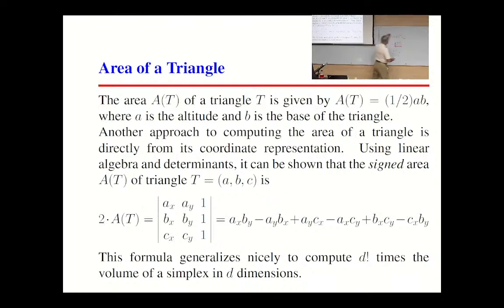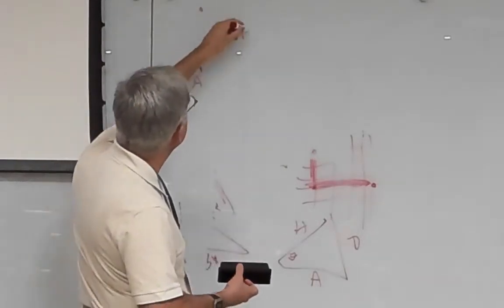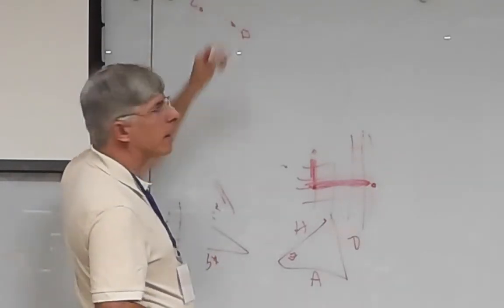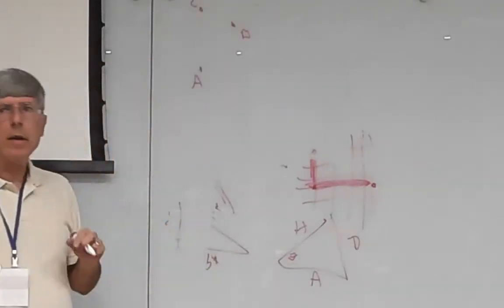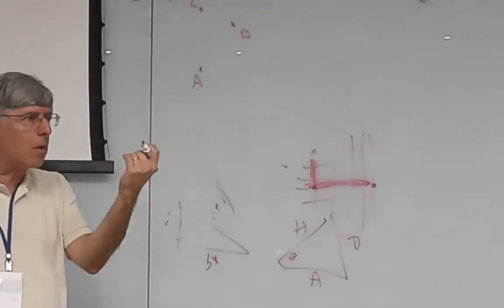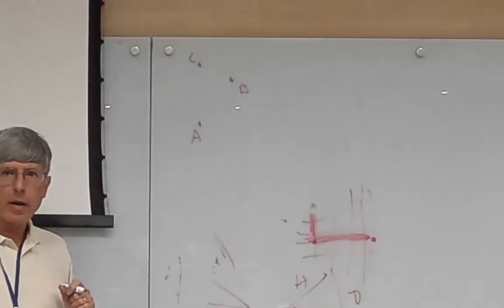In terms of area, there is no difference between a triangle that goes from A to B to C from one that goes from A to C to B. But in terms of signed area, there's a question of whether it's clockwise around or counterclockwise around. And this formula makes that distinction.